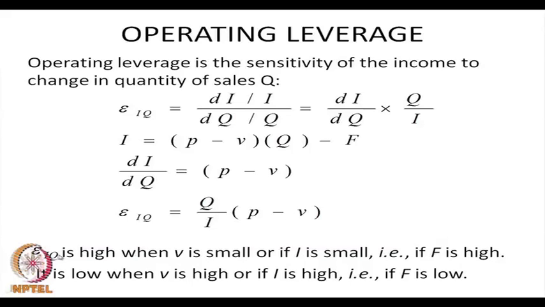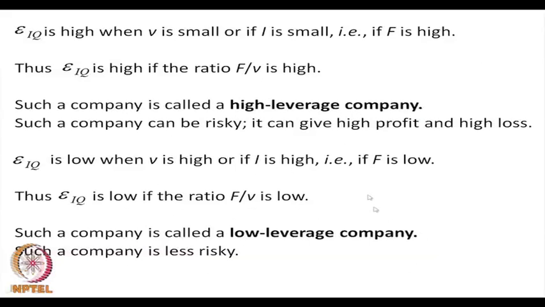Alternatively, epsilon IQ is low when V is high or F is low, just the opposite. That is what is written here. Epsilon IQ is high when V is small or if I is small, that is if F is high. Alternatively, we can say epsilon IQ is high if the ratio F by V is high.